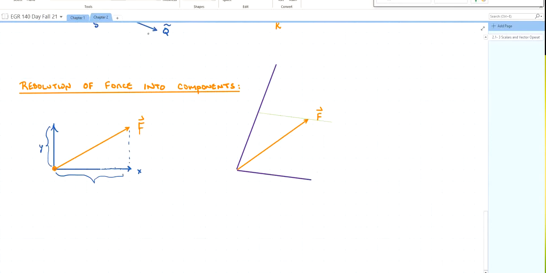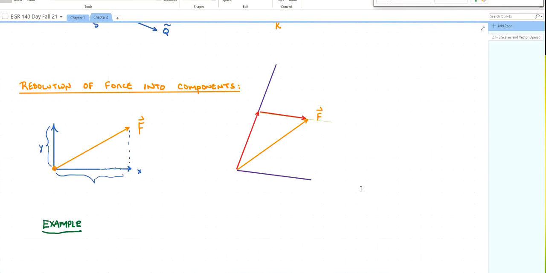So in essence what we do is then we have two vectors. We have this one as one component, then we have this one as the second component heading in this direction.